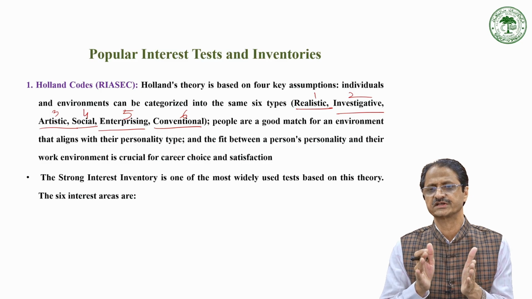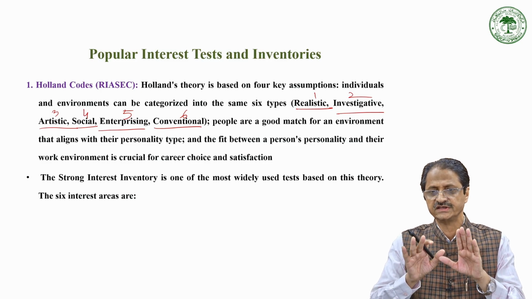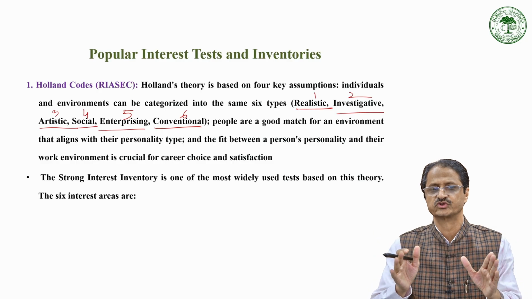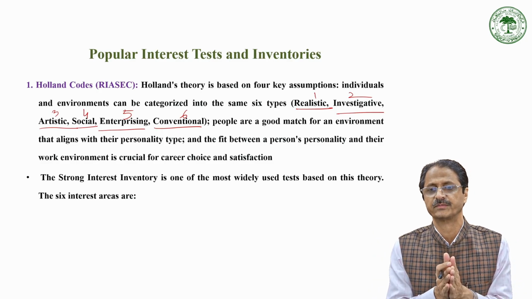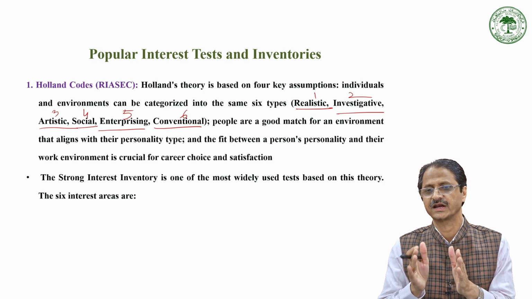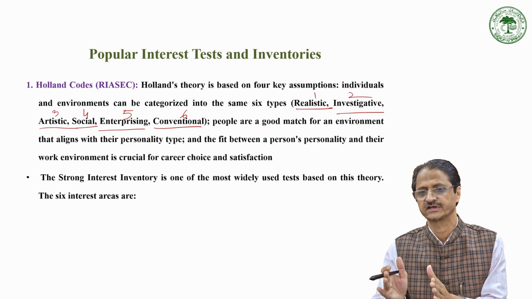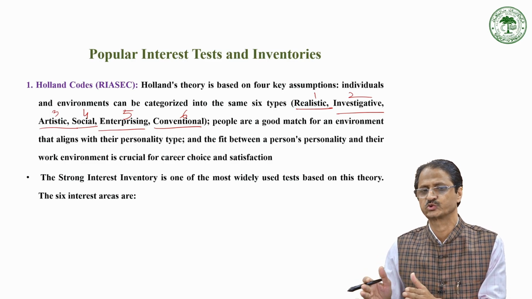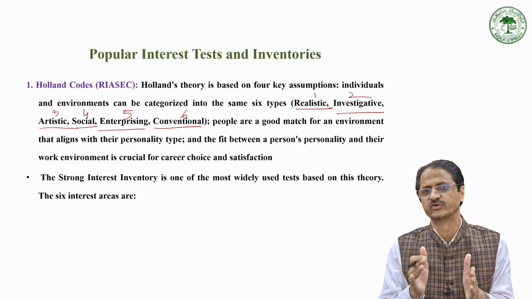So these are the six broader areas of personality types, and these are also associated with the type of environment, work environment or job environment. There are certain jobs where a realistic personality suits, an investigative temperament suits, an artistic temperament suits, or social, enterprising, and conventional.